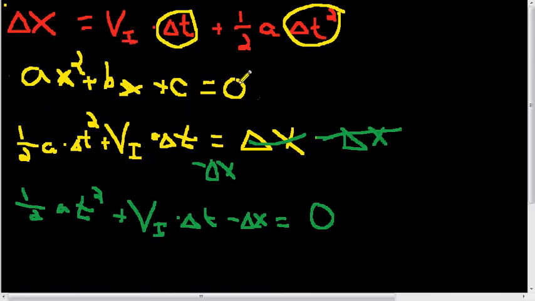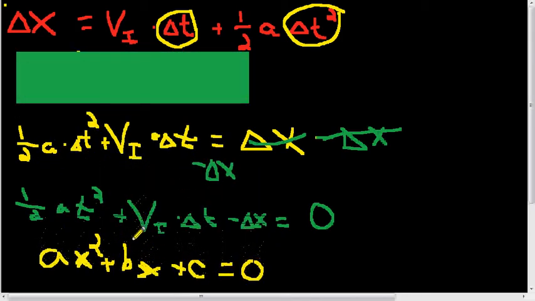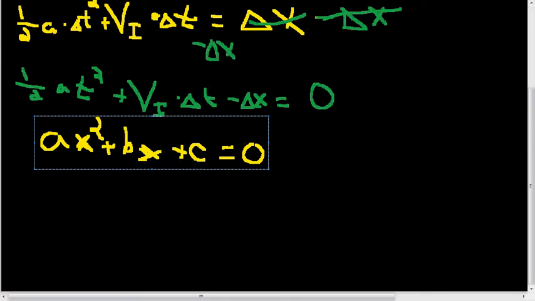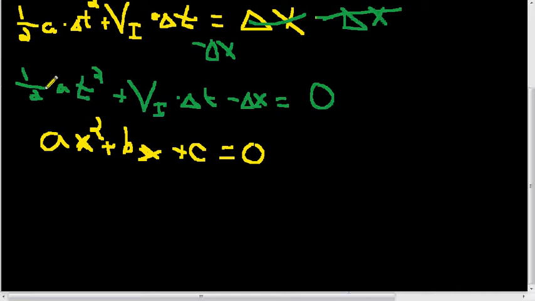Alright, now let me see if I can get better capture of it. There we go. And I'm going to move this down here. Okay, now pay attention here. In this case, we have t squared, t, and no t. Down below we have x squared, x, and no x. On the right side of these equations, they both are solved for 0, so these equations are set up in the same manner.